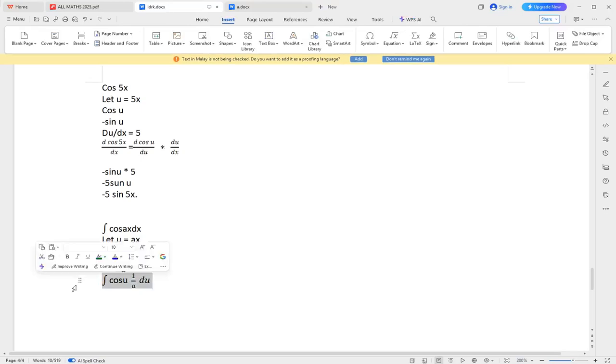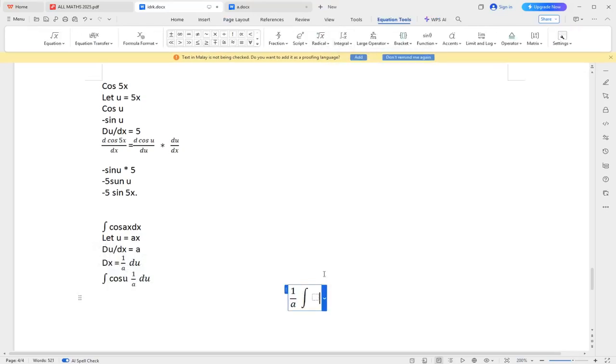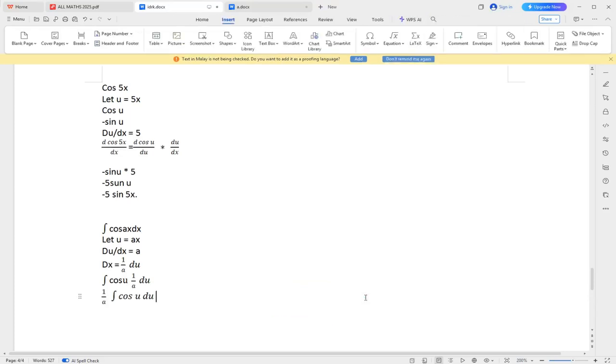Now this is the same as 1 on a into the integral of cos u du. And here finally we integrate cos u du, that gives us sin u.